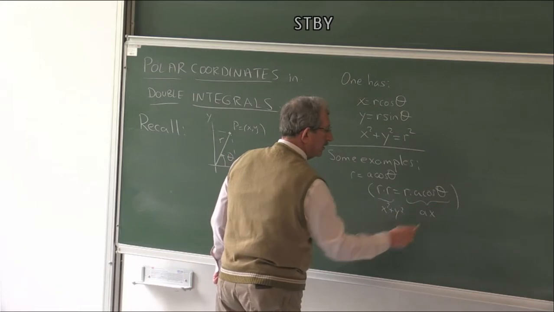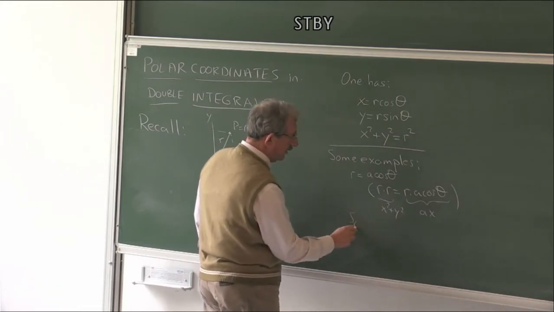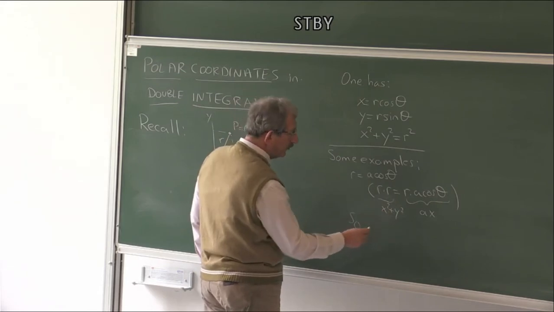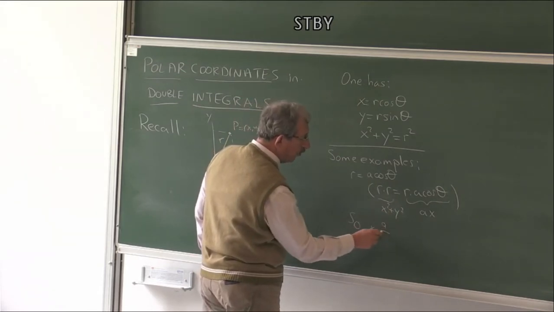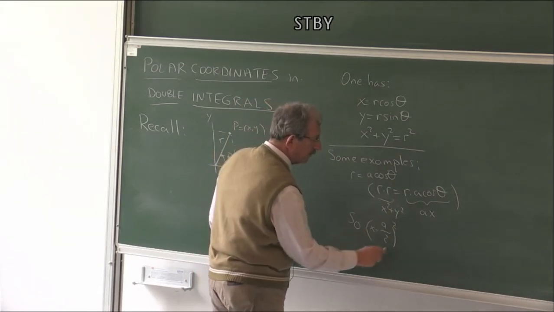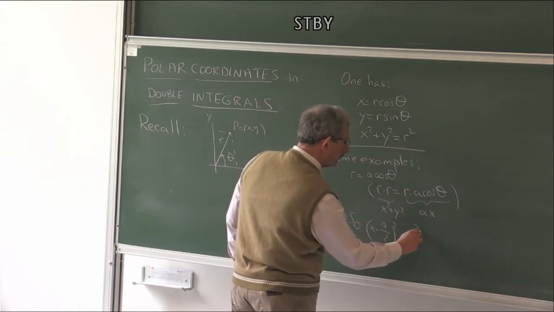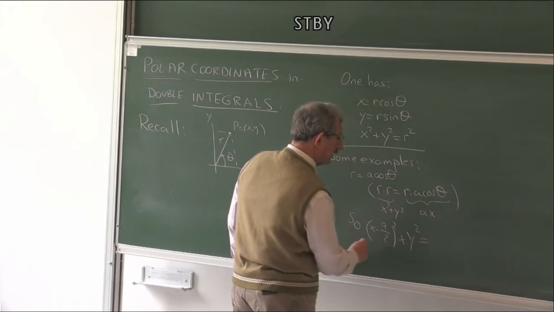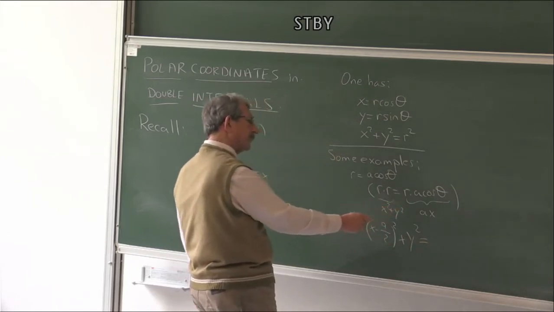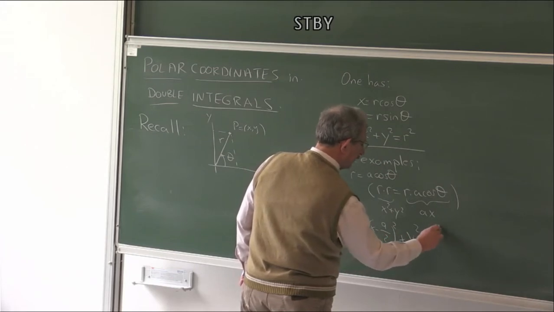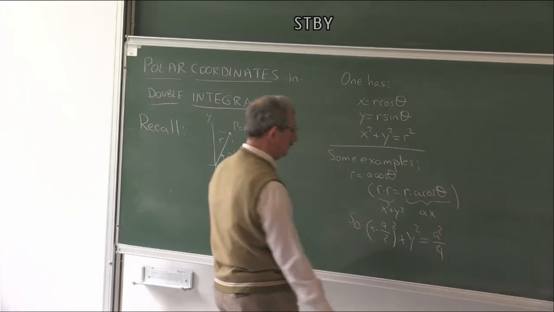So this formula simply means that we have (x minus a over 2) squared plus y squared, and that is a squared over 4 here.